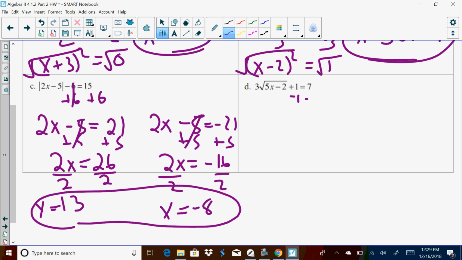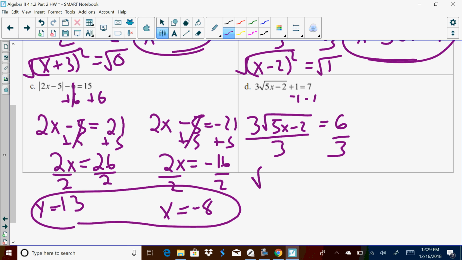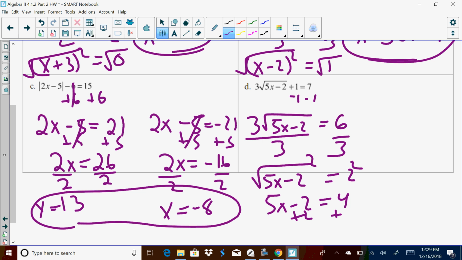D, subtract 1 from both sides. So I get 3 groups of the square root of 5x minus 2 equals 6. Divide by 3. Square both sides. So 5x minus 2 equals 4. So 5x equals 6. Divide by 5. I get x equals 6 over 5.